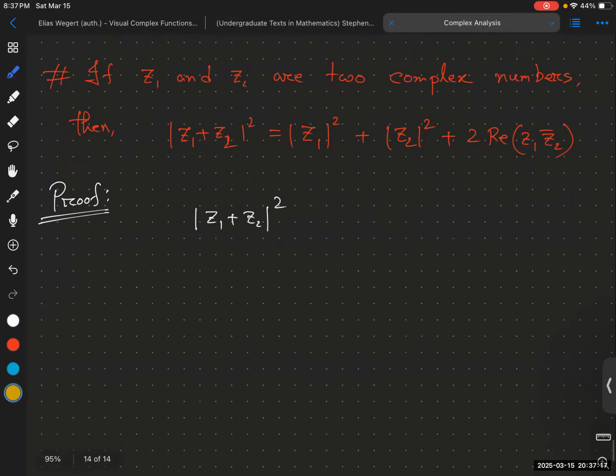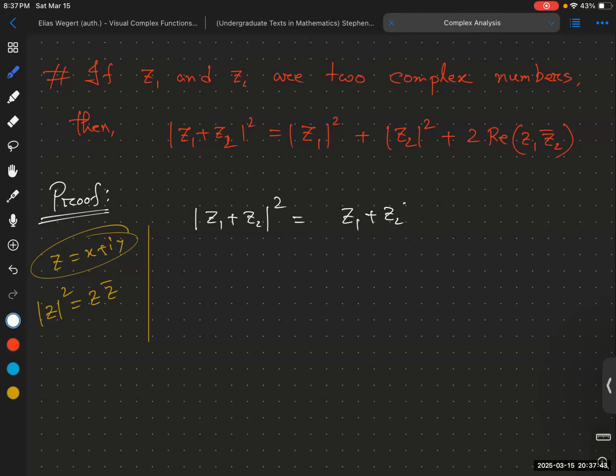We know a basic property of modulus: if Z is a complex number like x plus iy, then we can write the modulus of Z squared as Z times the conjugate of Z. So using this property, we can write it as Z1 plus Z2 times the conjugate of Z1 plus Z2.